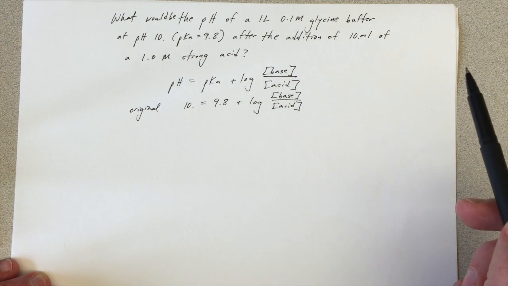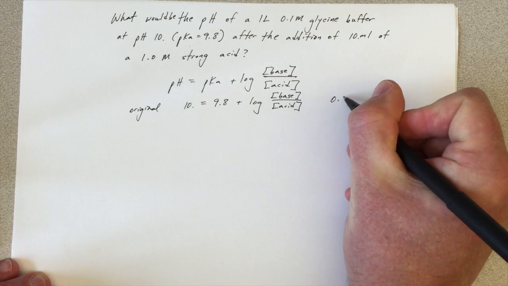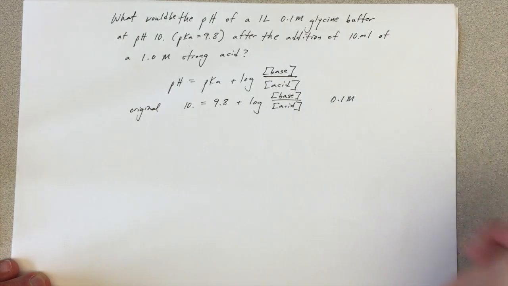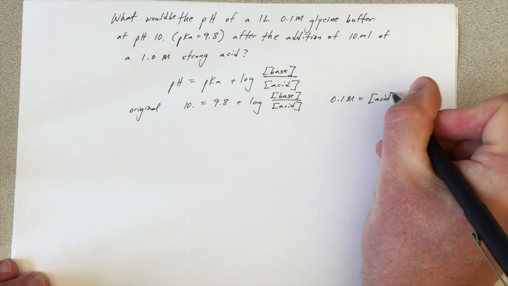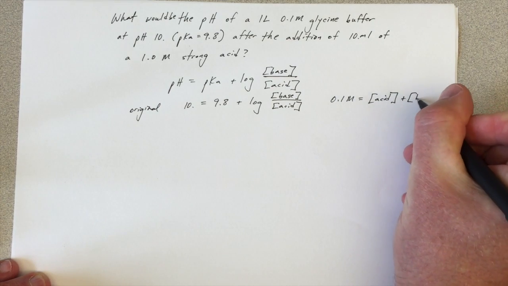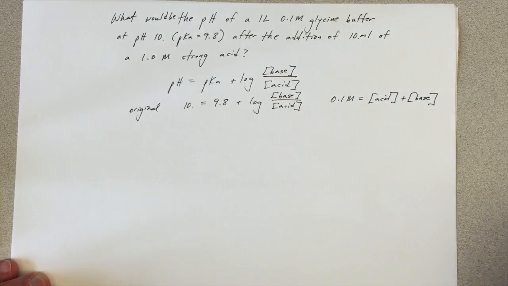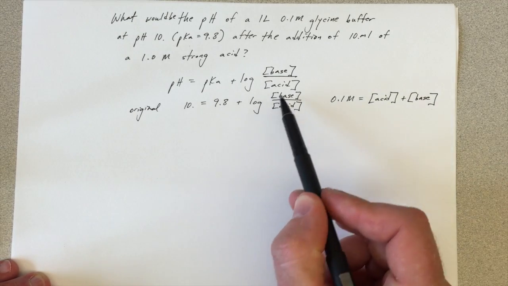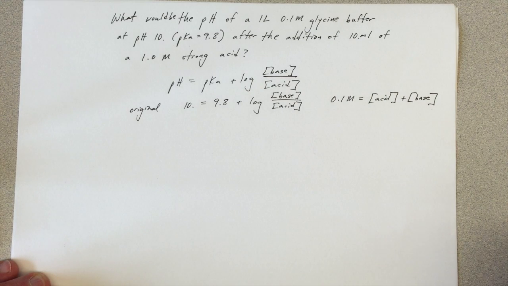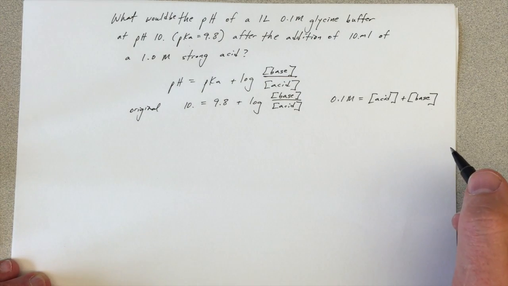So this piece of information seems pretty relevant, and actually it's the source of my second equation. If I have a 0.1 molar buffer, that means that the concentration of acid plus the concentration of base is equal to 0.1 molar. Now I have two equations with the same two unknowns. I can substitute in something for base or acid. So let's choose one of those.